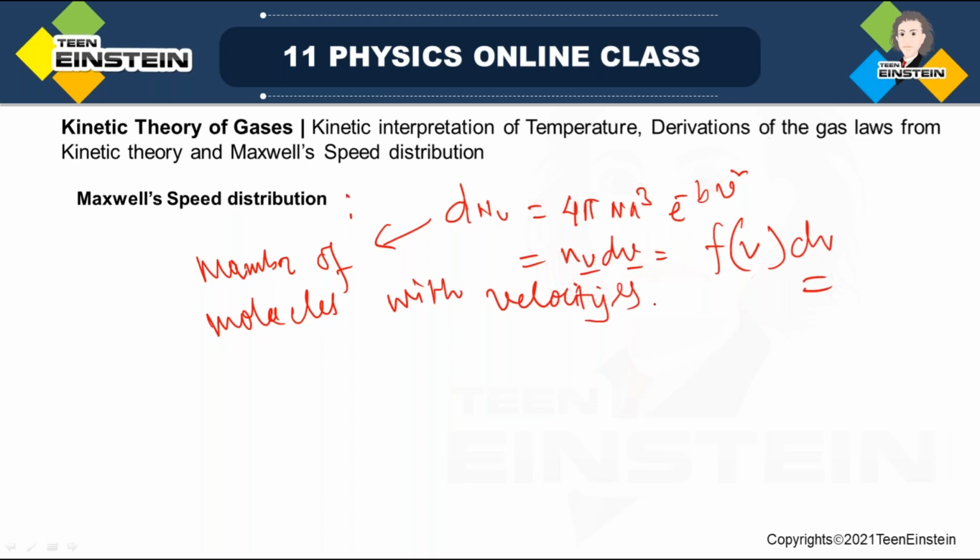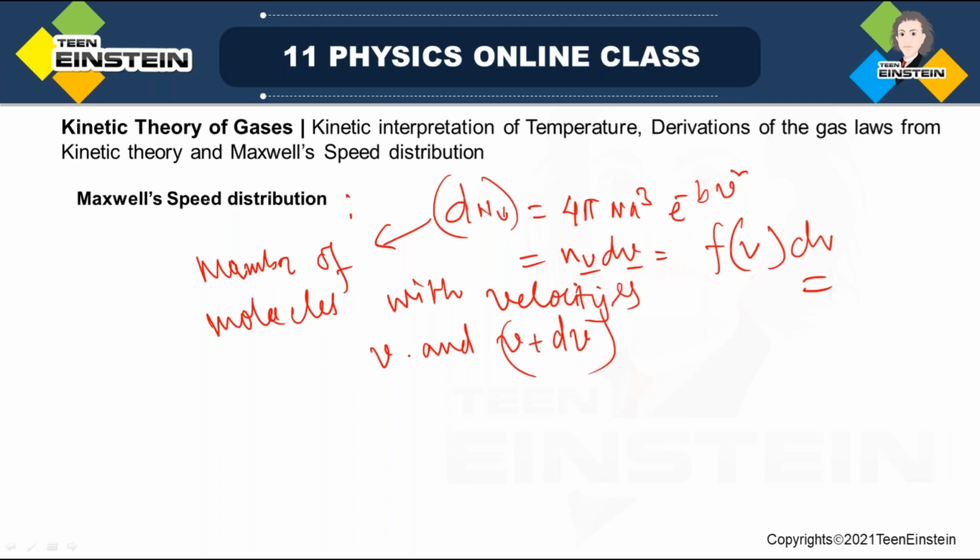I should write it in terms of velocities. So this is not the velocity; this is actually the number of molecules with velocities v to v plus dv within this range. The molecules which have velocity within this range is called n(v). Okay.